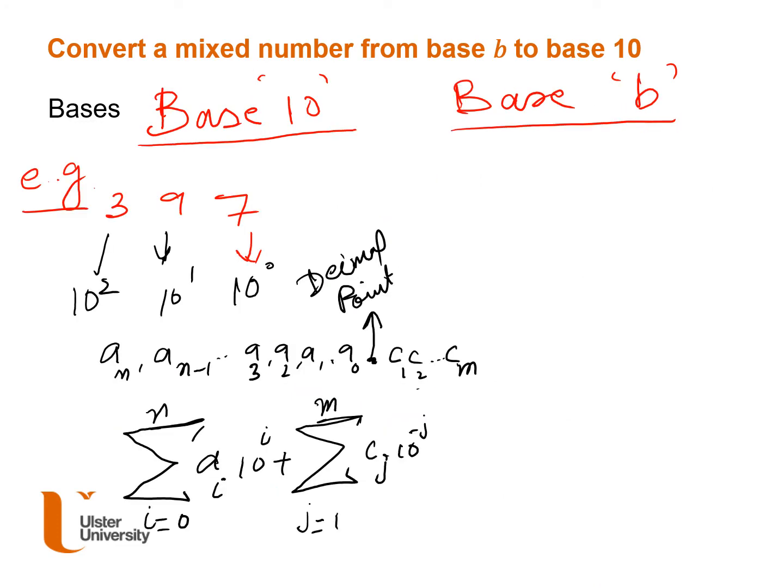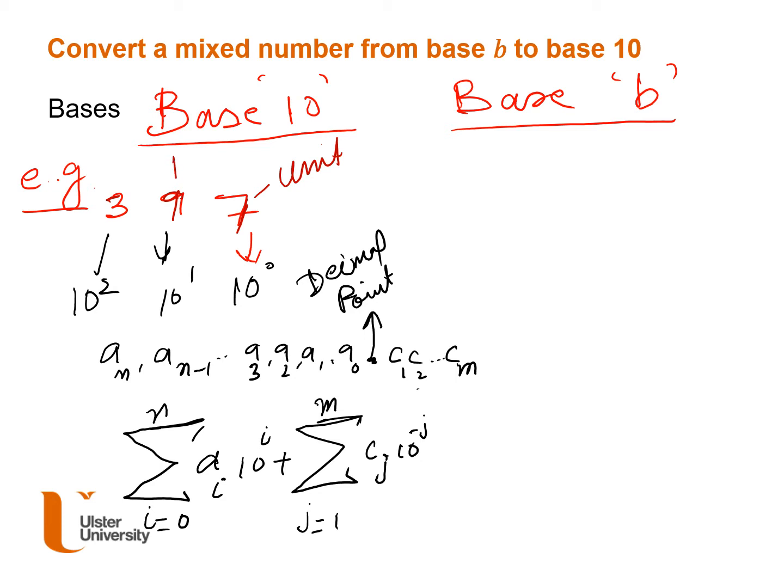We all know how base 10 numbers work. For example, if we have 397, each digit has its weight according to its position. For example, 7 is the unit, so its weight would be 10 to the power 0.